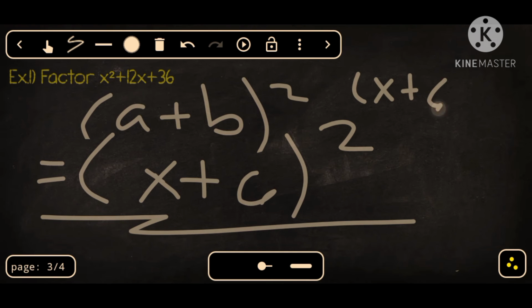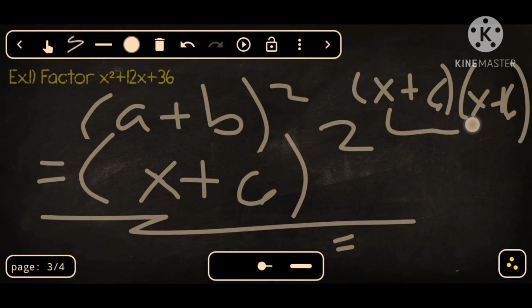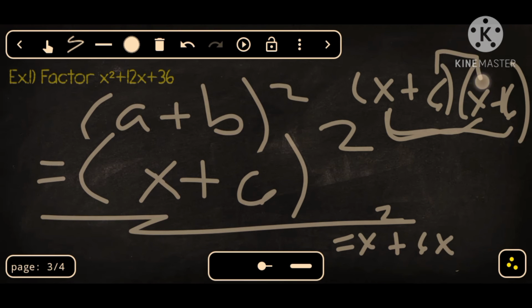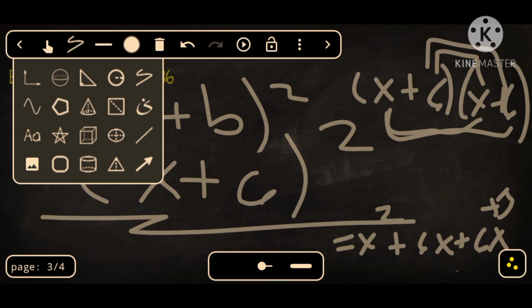Okay, so FOIL method, that is x plus 6 times x plus 6. So apply FOIL method. We have x times x is x squared, then x times positive 6, positive 6x, then 6 times x is positive 6x, then 6 times 6 is 36.